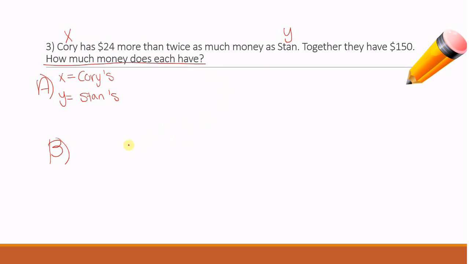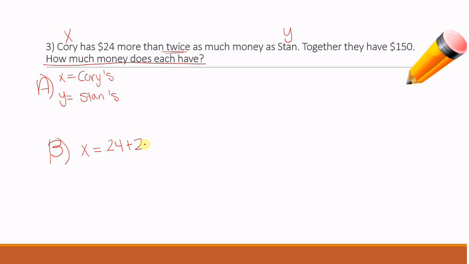Well, I know that must mean that I'm going to add 24 on. So let's say X equals 24 plus, and how are we going to put Stan in there? We know that Corey has twice as much money as Stan. Twice is a key word for times 2.